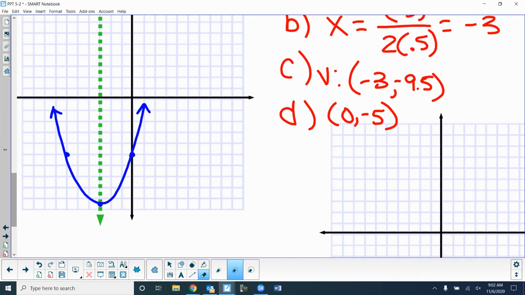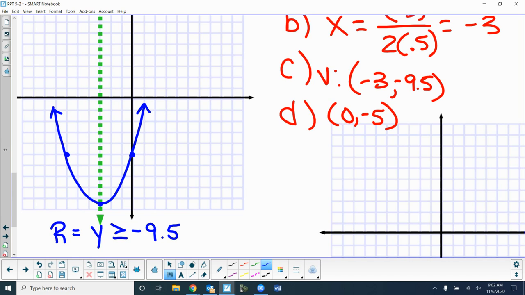Up. My range is going to be y is greater than or equal to negative, what was this point's y value? Negative 9.5, right?